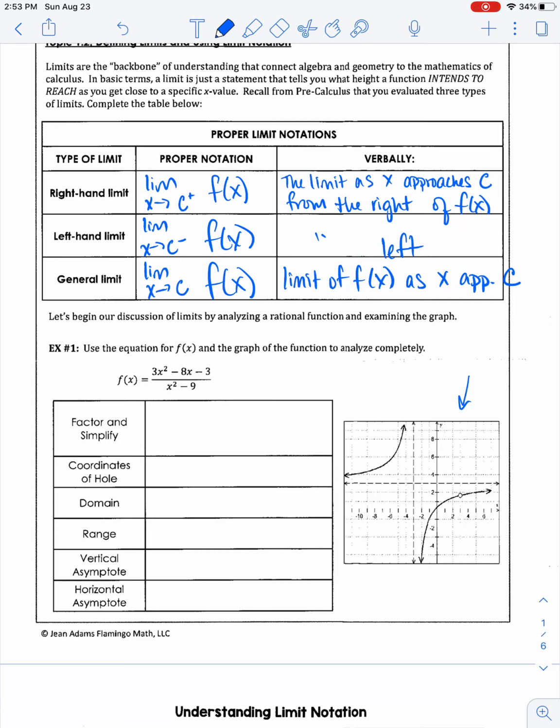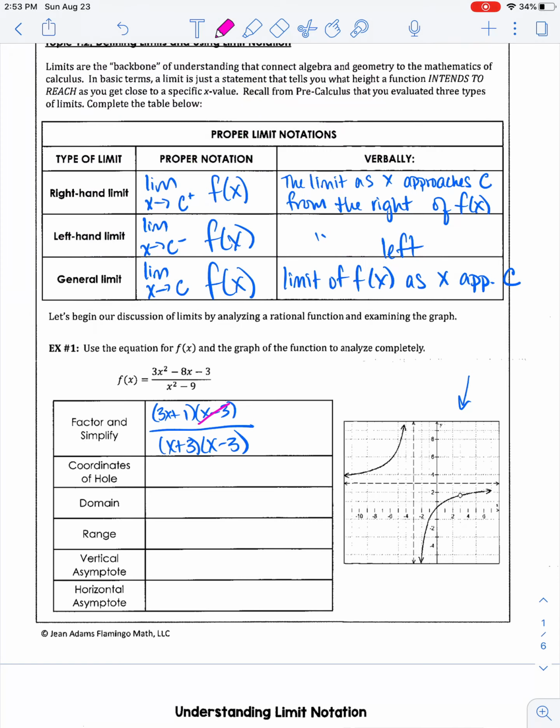So remember, to determine if something is a hole or an asymptote, you need to factor it and see if any pieces cancel. So if I were to factor the top, it gives me 9 and 1, I want a negative 9 and a positive 1, and the bottom is just squares.